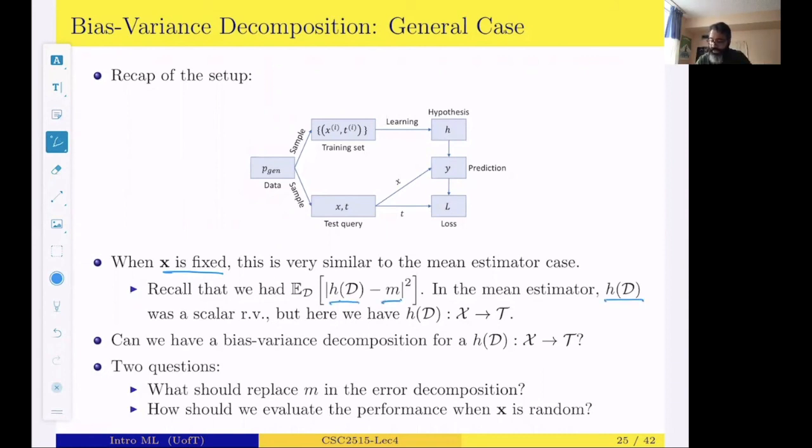In the mean estimator, h of t was a scalar random variable, but now h of t is a function from x to t. So can we have a bias-variance decomposition for h of t? Two questions: first, what should we use instead of m? m was the expectation of the random variable y, but what is the equivalent here? The second is how should we evaluate the performance when x is random?